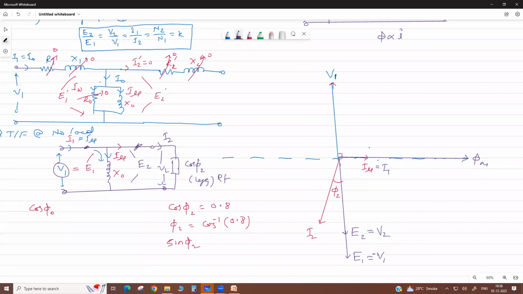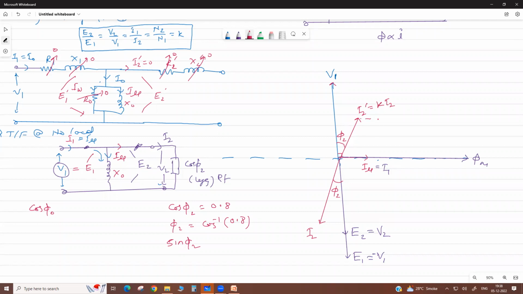Now as referred to primary side, actually this is secondary side. This quadrant is secondary. This is your primary. So on primary side, this is the current as referred to primary side. Now this angle is same like this phi 2. This is I2 dash equals KI2.